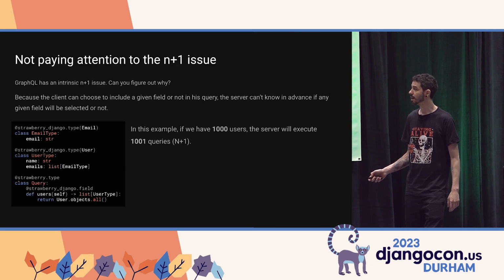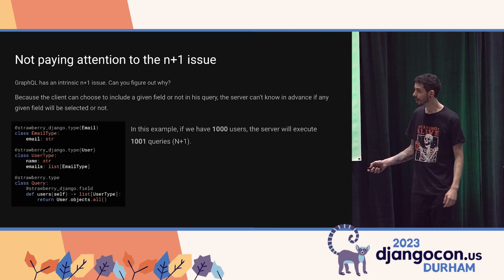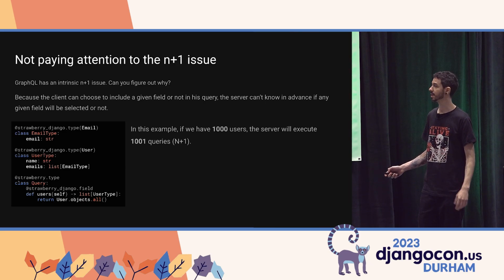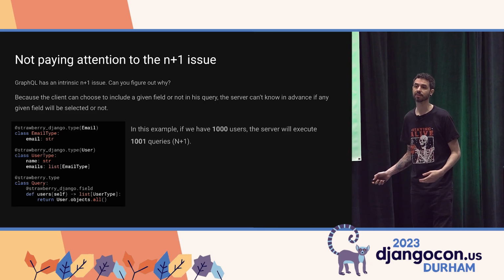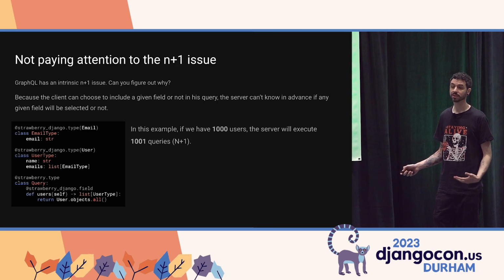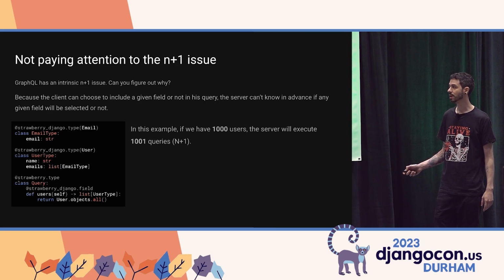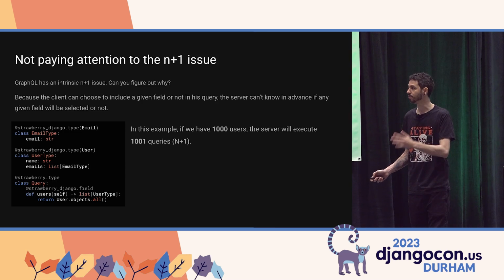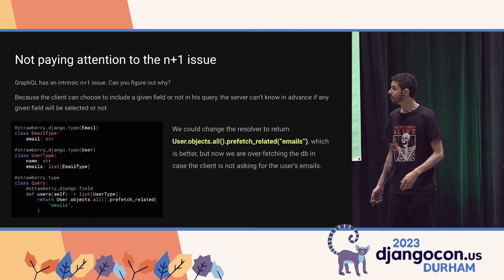And if they ask, if I have 1,000 users, the server will have to execute 1,001 queries: one to retrieve the list of users, and another 1,000, one for each user.